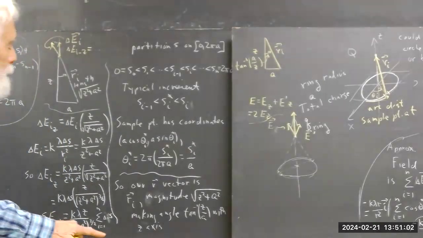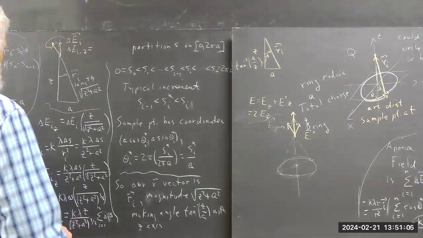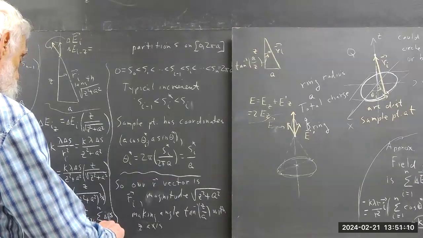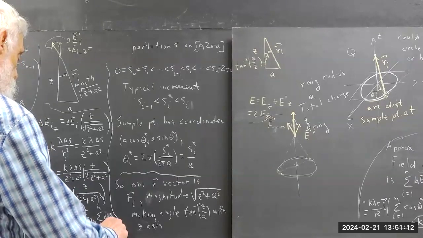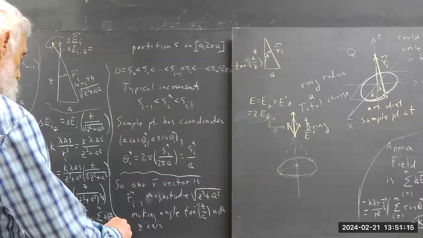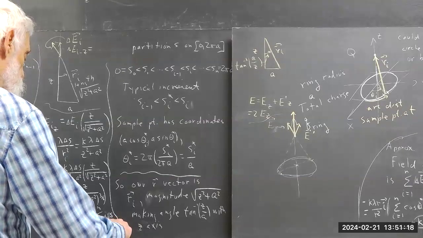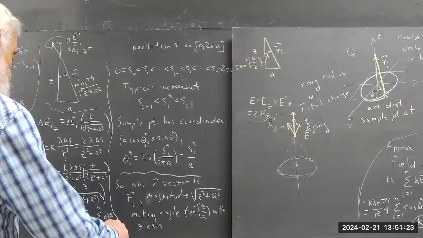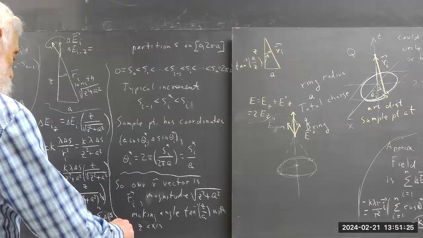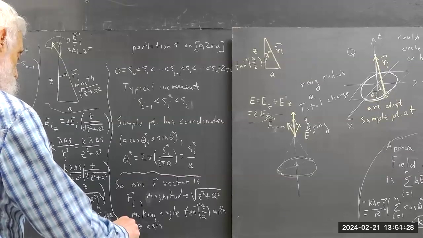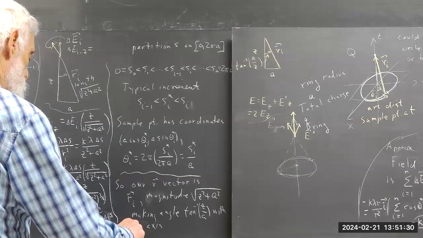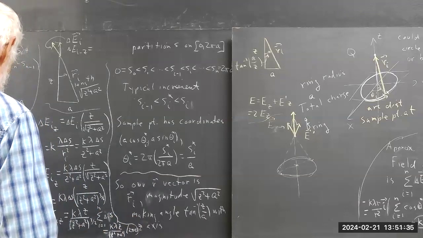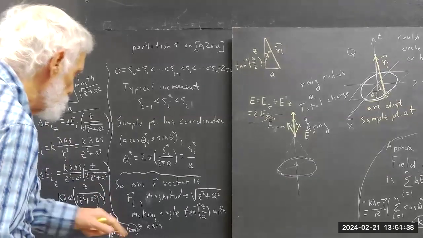Okay, so the sum of our delta S's, I don't really have room to write it, but that won't stop me: k lambda z over the quantity z squared plus a squared to the 3 halves, times 2 pi a, if we use equal increments.